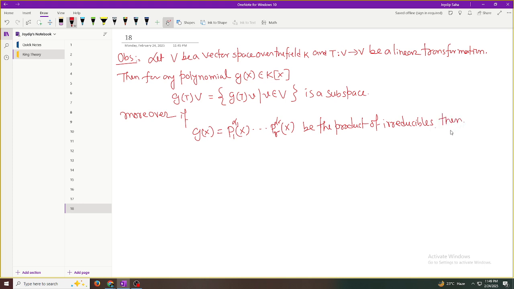then V quotient g(T)V, that is capital V, the quotient space is isomorphic to V quotient p1 alpha 1 (T)V cross cross V quotient pr alpha r (T)V.